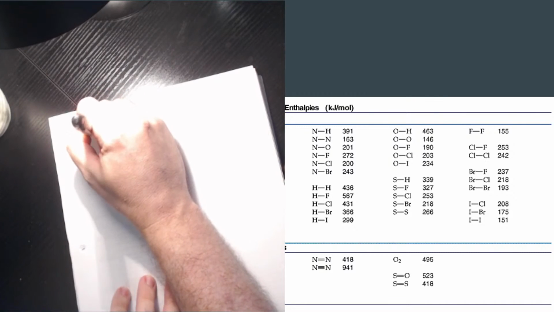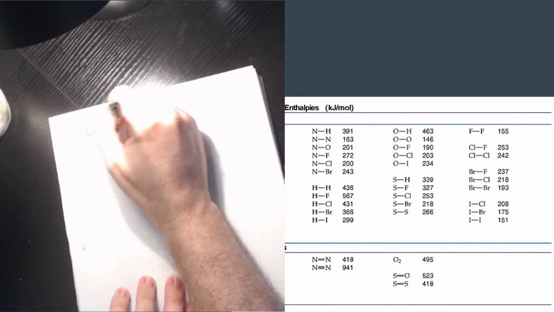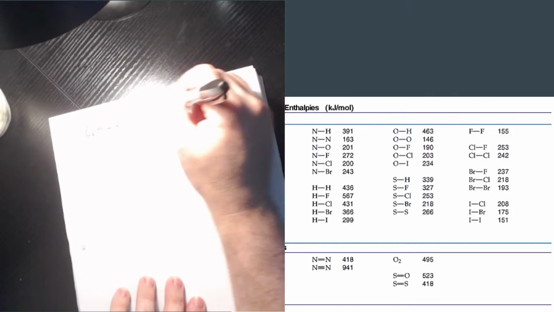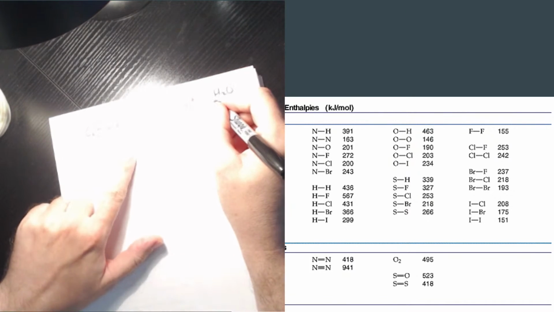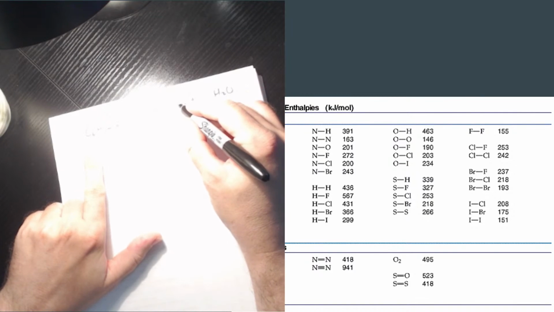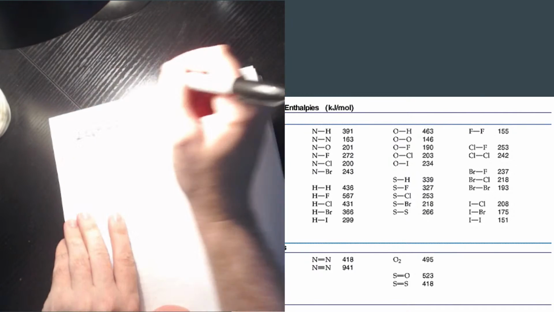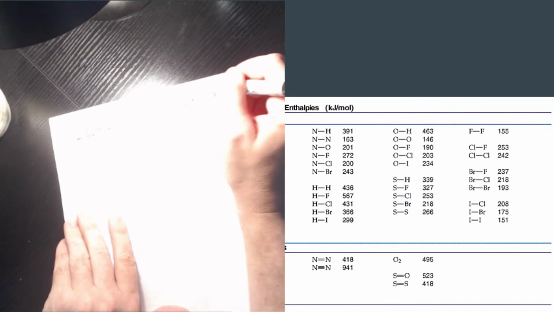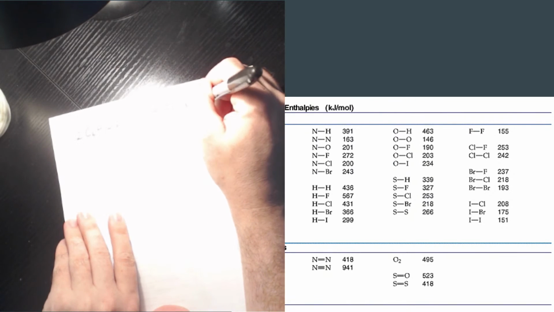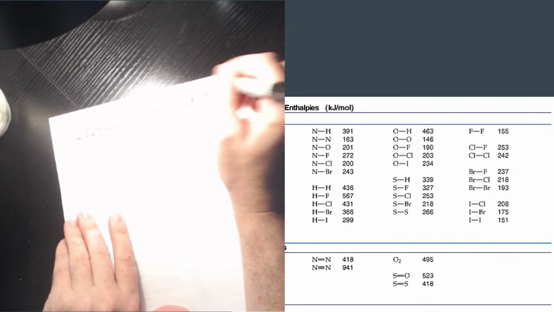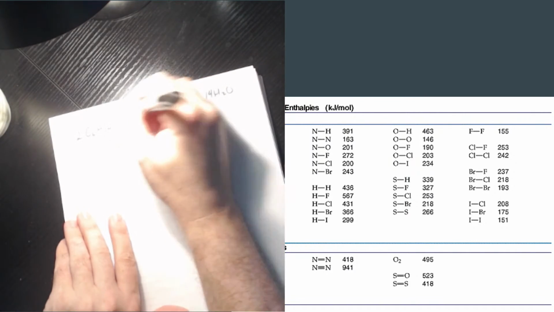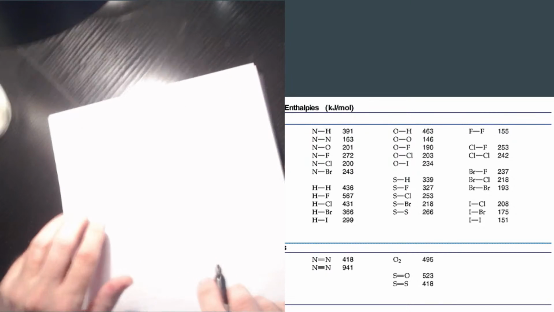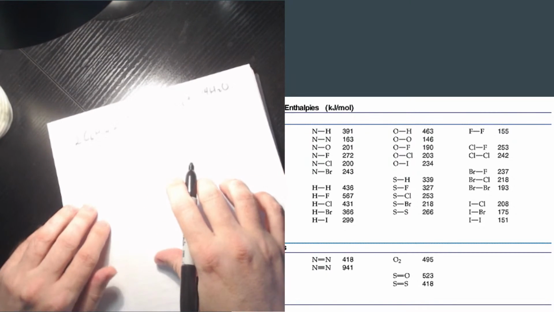Hexane, C6H14, plus O2 yields CO2 plus H2O. So 7 and 6. Nope, we're going to have to double this. So 2 of these, 12 of these, 14 of these, and then 24 plus 14 is 38, so 19 of these.